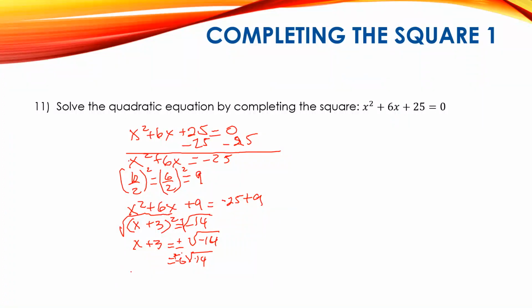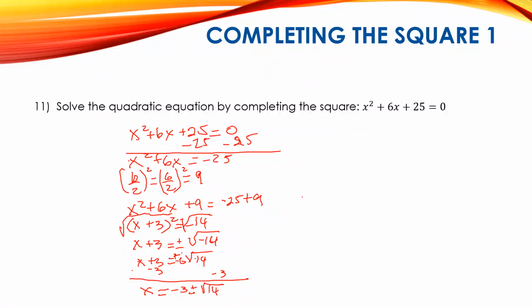And x plus 3, subtract 3 from both sides, that will be x equals negative 3 plus or minus i square root of 14.